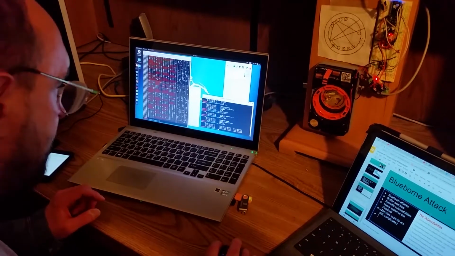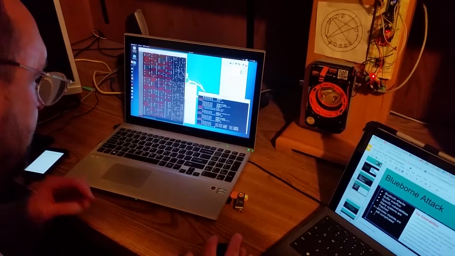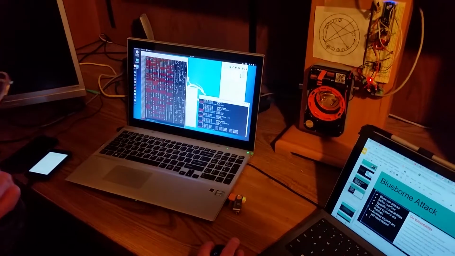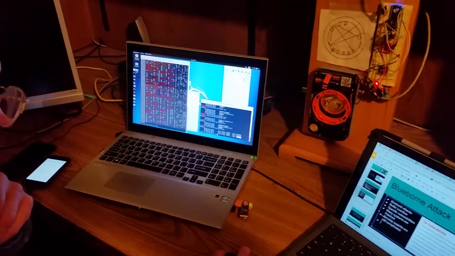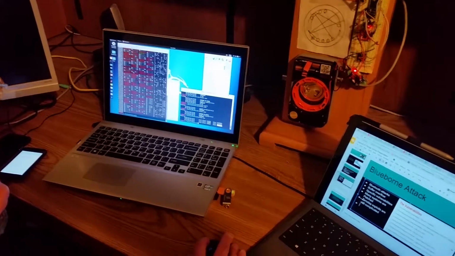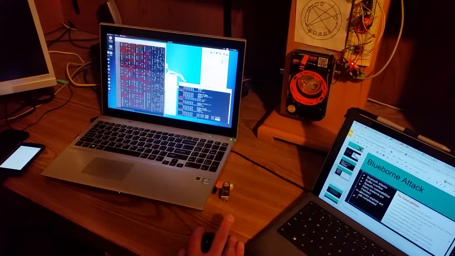Okay, so this offset right here is one thing that would be necessary, and the class. The class, you could find out exactly what kind of Bluetooth it is, and then look that up.